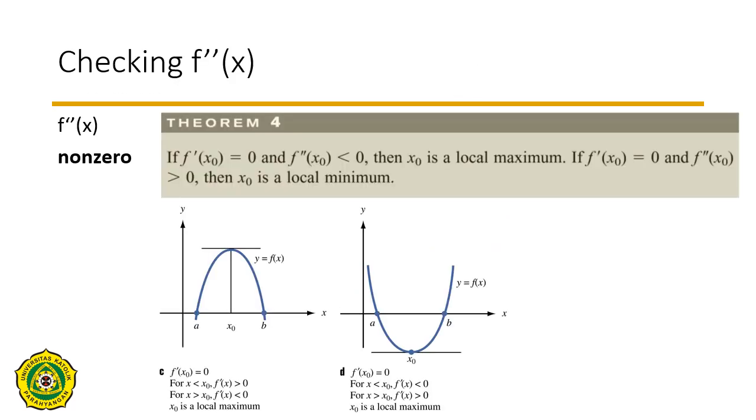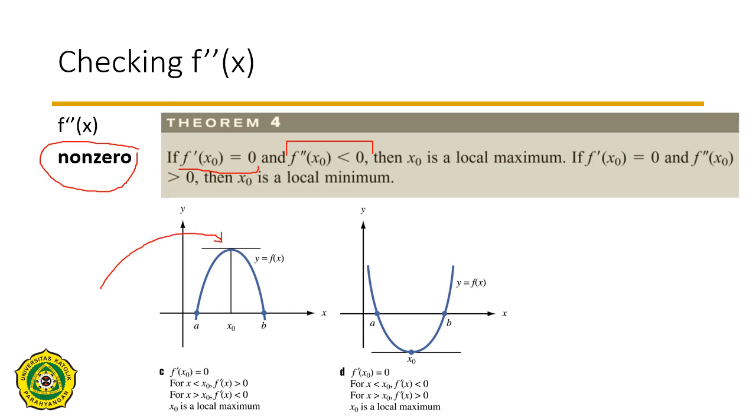So if we have a point and the first derivative at that point equals 0, we then check the second derivative at that point. If the second derivative at that point is non-zero, then we may determine that the point is either a local maximum or a local minimum. If the second derivative is negative, it means that our point is a local maximum. That looks like this.